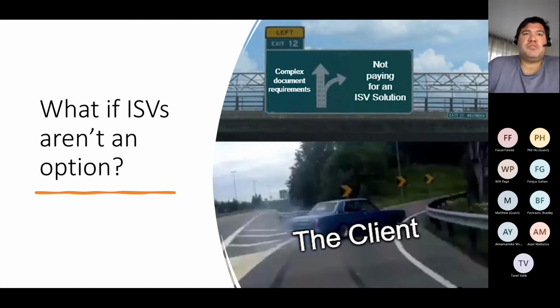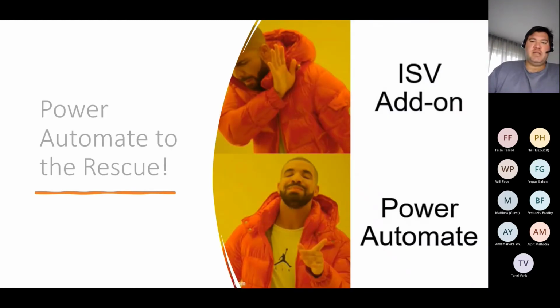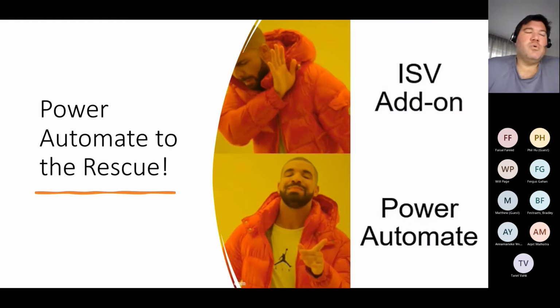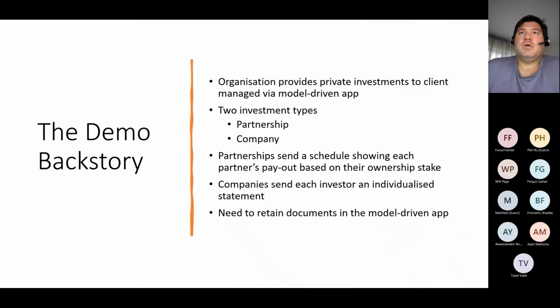And despite this, they do have a requirement to either generate and populate document templates in bulk, or they need to run some complex calculations or some if-then type logic within their document template. And Power Automate is custom designed for situations like this. So let's get into the demo.